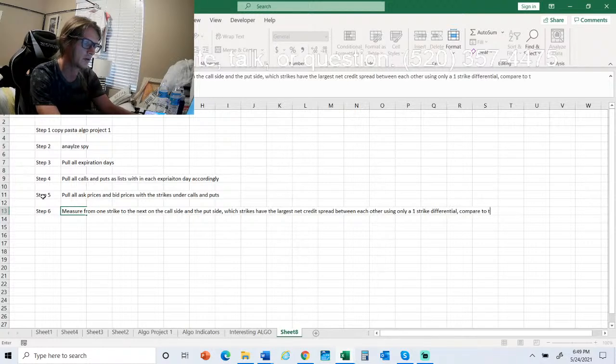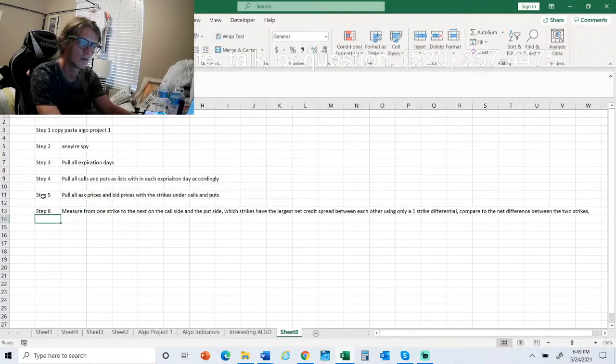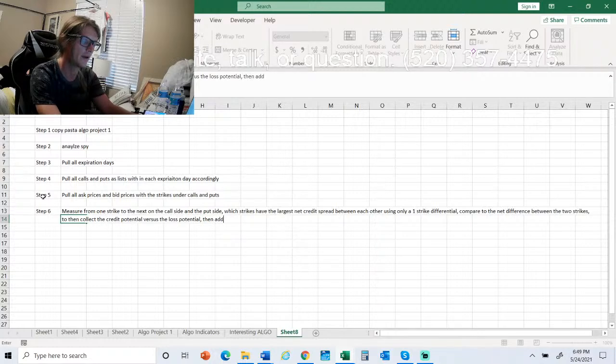Compare to the net difference between the two strikes to then collect the credit potential versus the loss potential, then add up the sums of the best call and the best put.